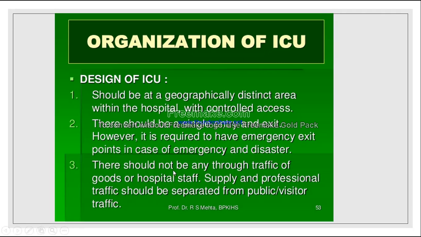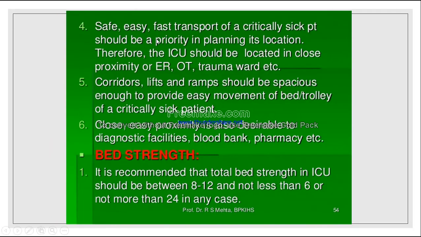There should not be any through traffic of goods or hospital staff. Supply and professional traffic should be separated from public transit. It means that there should be no congestion within the ICU. Then safe, easy, fast transport of critically sick patients should be a priority in planning its location.